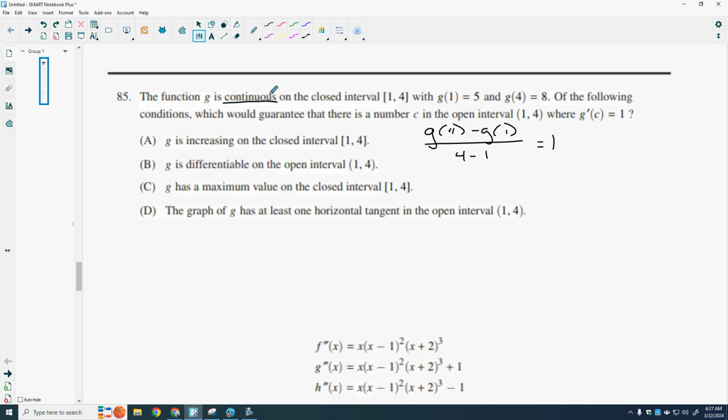What does the mean value theorem if statements say? Continuous on the closed and differentiable on the open. If that is true, then you are guaranteed by the mean value theorem that there is a point where the average rate of change equals the instantaneous rate of change somewhere in the interval. That number we call C. This is direct mean value theorem definition. Question 85, letter B.